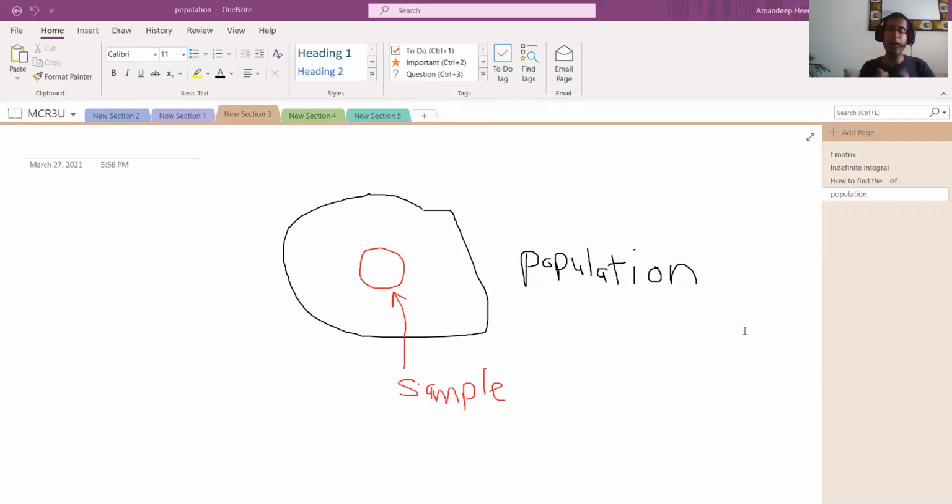So population is all the things that you're interested in. And the things don't have to be necessarily people. They can be animals, it can be rocks. But that's the idea of population. In this example, the population would be all Canadians.